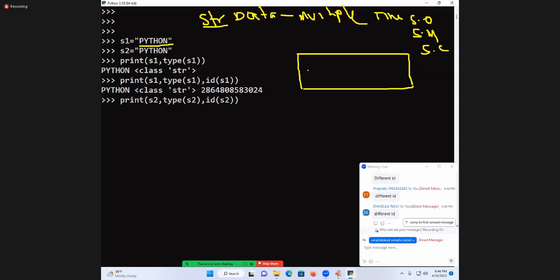One time only memory space is created throughout the entire Python program. S1 = 'Python', S2 = 'Python'. Both S1 and S2 will point to the same memory space. Simple.